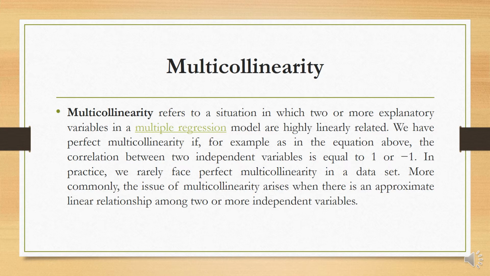In practice, we rarely face perfect multicollinearity in the data set. More commonly, the issue of the multicollinearity arises when there is an approximate linear relationship among two or more independent variables.